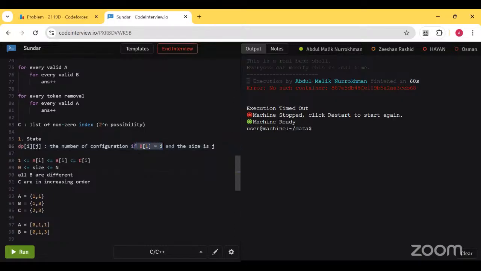If the first value of B is i, and then the size is j. Okay. So what shall we do?